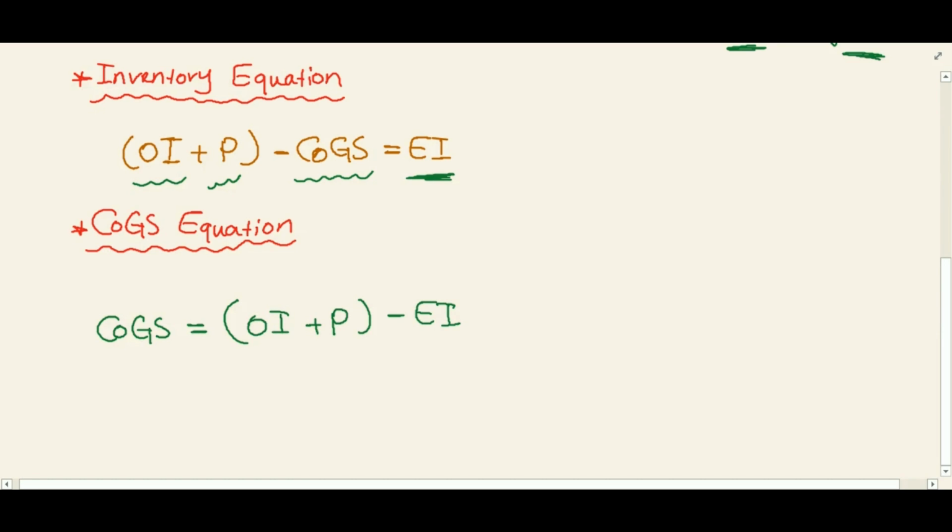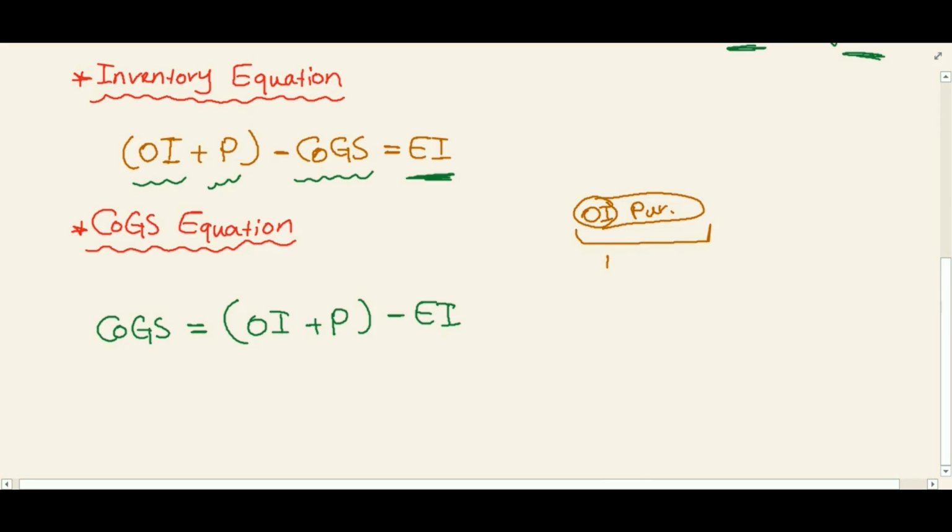Okay, think about it this way. If you start with your opening inventory, then during the period you made some purchases, so you increased your inventory. So your inventory now is the whole thing.